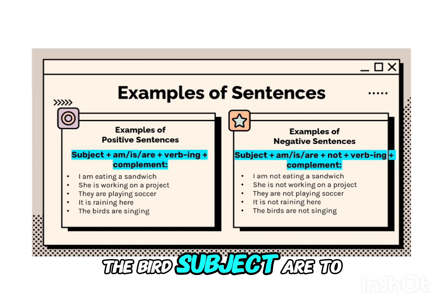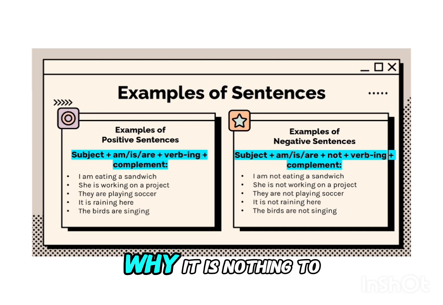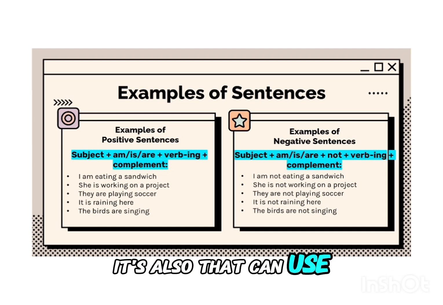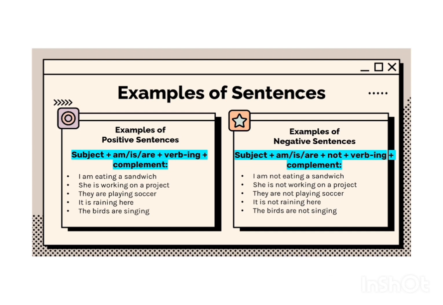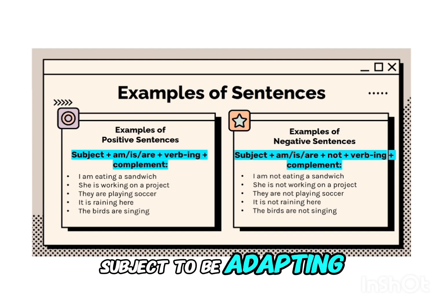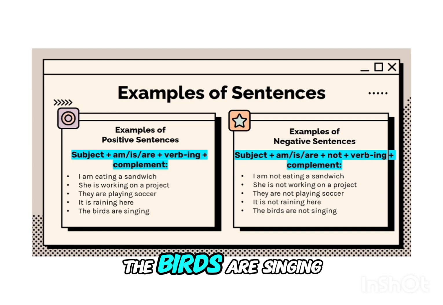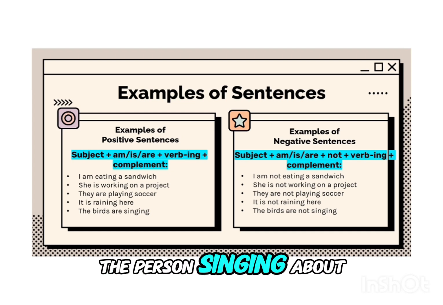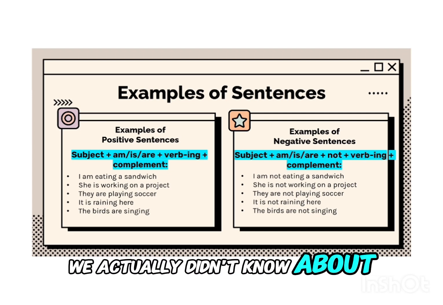The birds subject, are to be, singing as the verb-ing. Why is there nothing as the complement? It can also be used without the complement. The important thing is just subject, to be, and a verb-ing. That has already explained that the birds are singing and we don't know what the birds are singing about. We actually don't know about it.